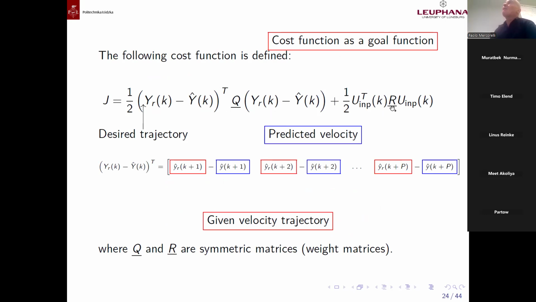This means that for a small value of R, I am basically concentrated on obtaining the results independently of the input. This means I have a lot of energy at disposition, or no constraints. The system accepts a very large input.